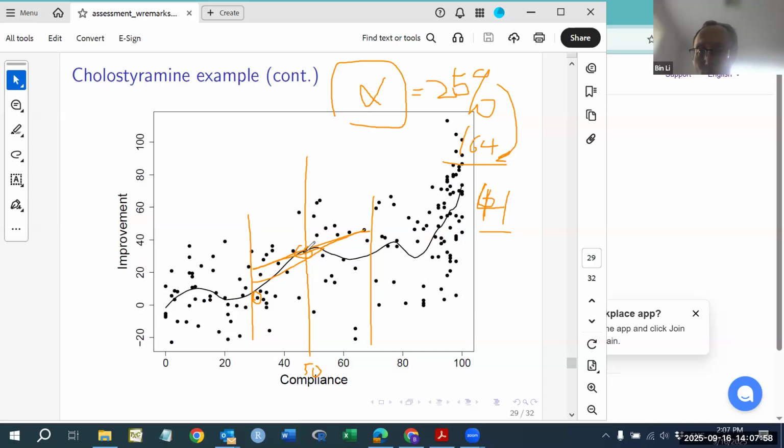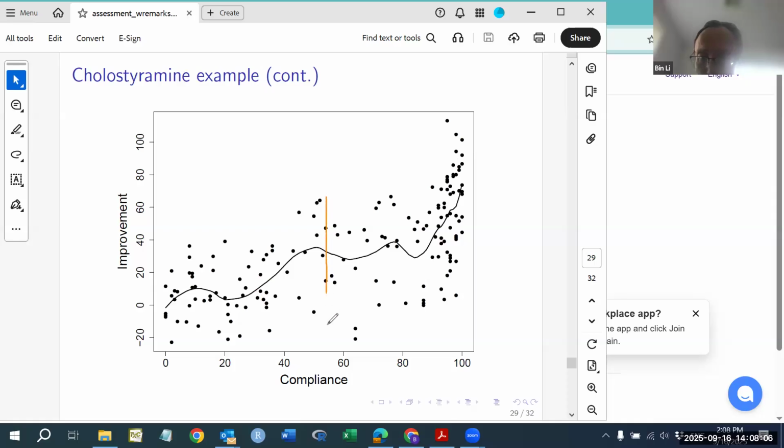So you may ask, what about 51? Same thing. For 51, we move to 51, find the neighborhood that contains 25%, then do the weighting and fit the linear model. Let's say the fitted value is here.